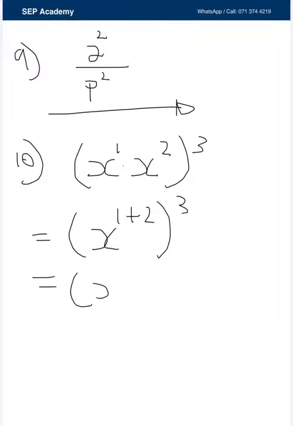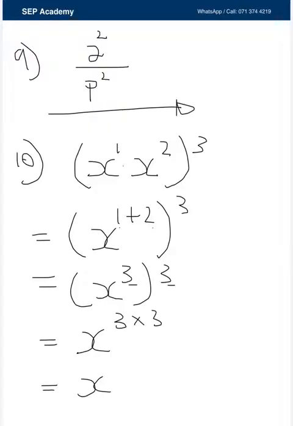So that means you still have your x. What is 1 plus 2? Definitely that is 3. And then you have that 3 on the outside. Then you end up having that exponent multiplying with that according to that rule. Then you have 3 that multiplies the 3. And lastly, you end up having your x to the exponent of 3 multiplied by 3.